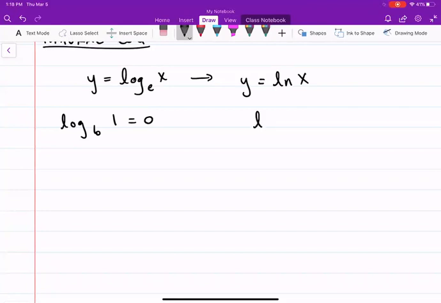Well, the natural log of 1 is also equal to 0. We said the log base b of b is equal to 1. Well, the natural log of e is equal to 1.